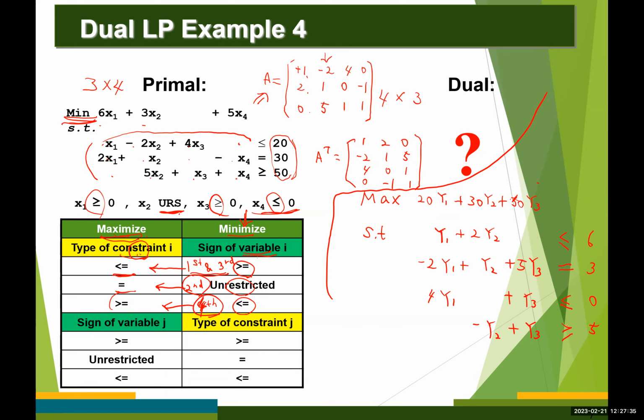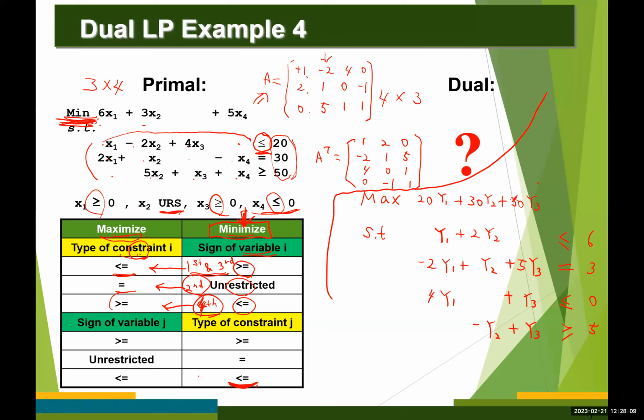Now we need to decide the sign restriction for each dual variable. In order to do that, you need to look at the sign of the primal constraint, okay? The first primal constraint has a less than or equal sign in the minimization problem. Again, we need to stick to the minimization problem here, and then look at the less than or equal constraint.